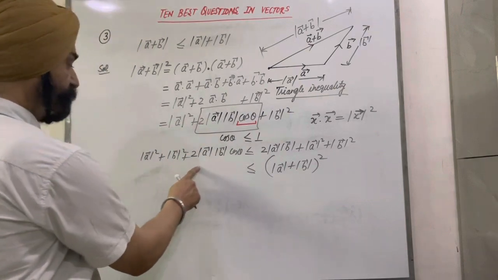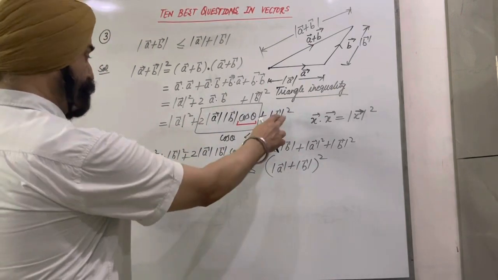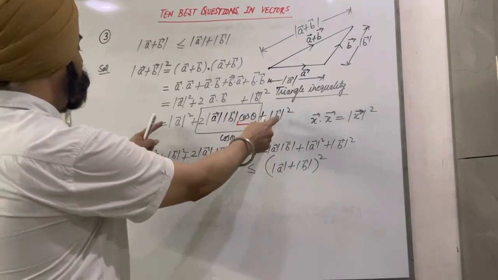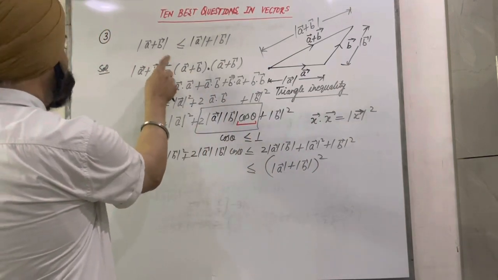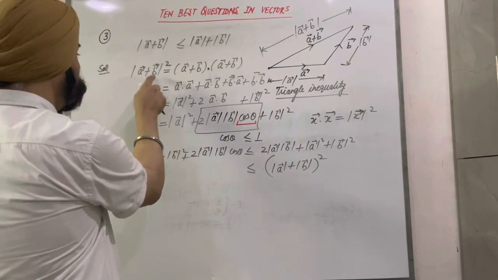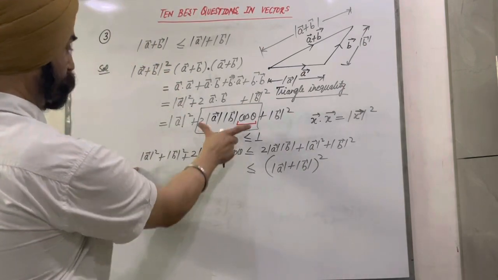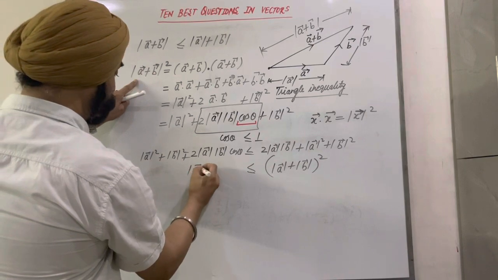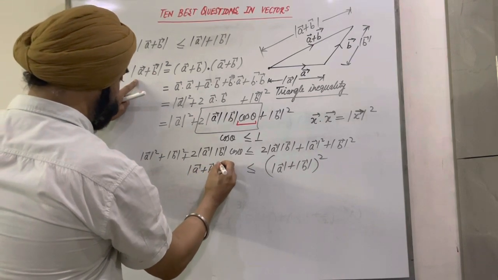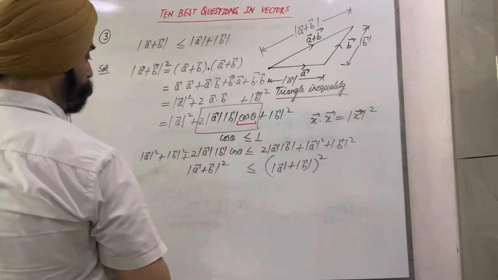And this left hand side, what exactly is this? This is exactly what we have written here, and this is nothing but the square of the magnitude of vector A plus vector B. So in place of this, we can write the left hand side very conveniently. It is vector A plus vector B whole magnitude whole square.